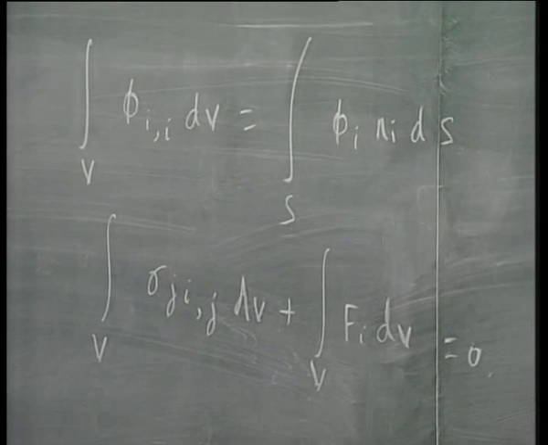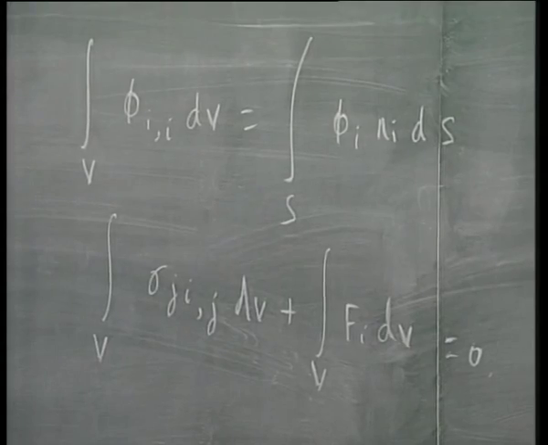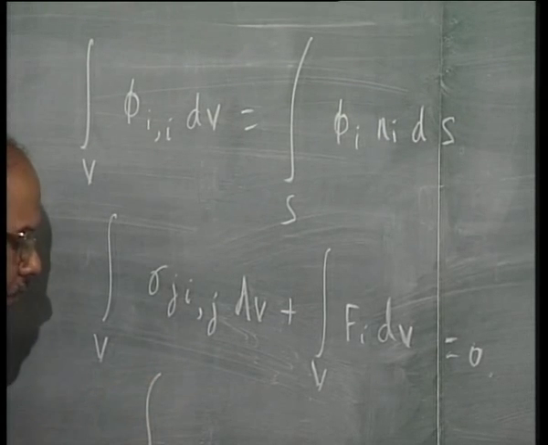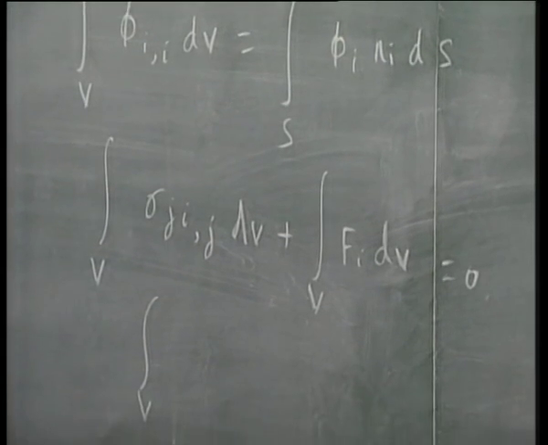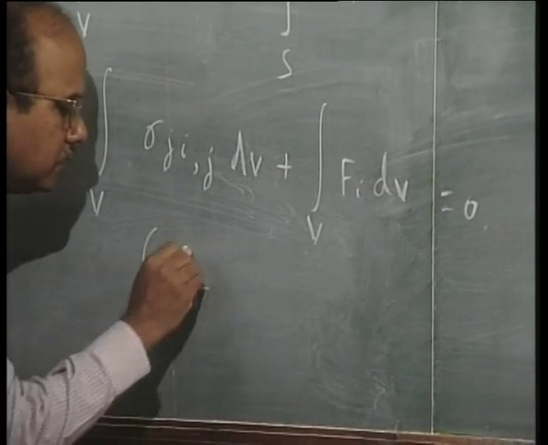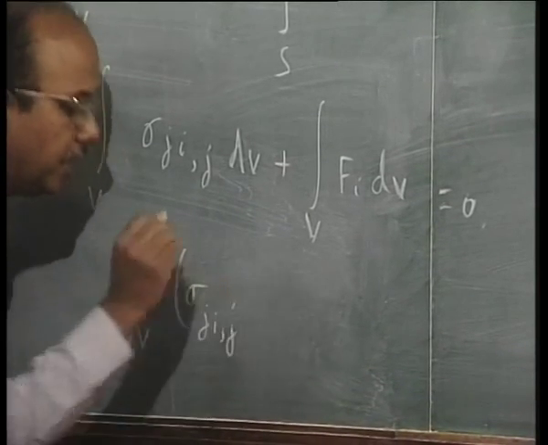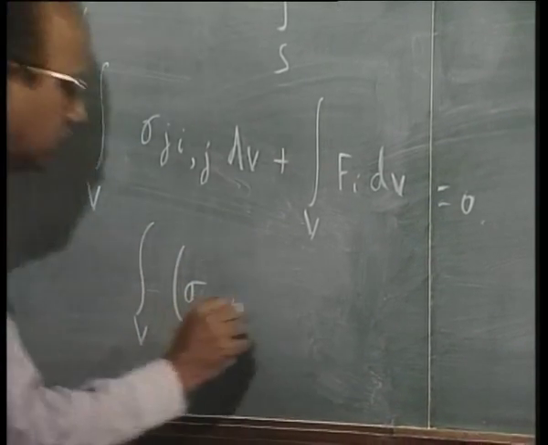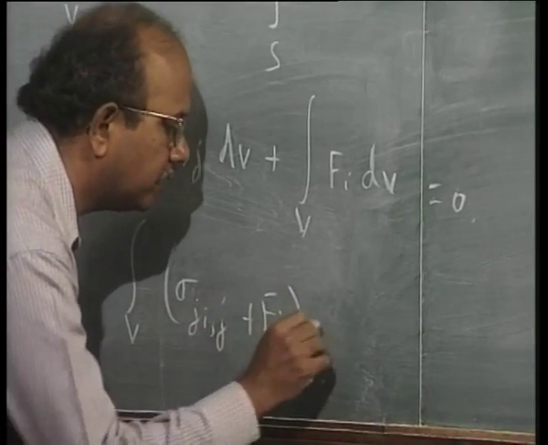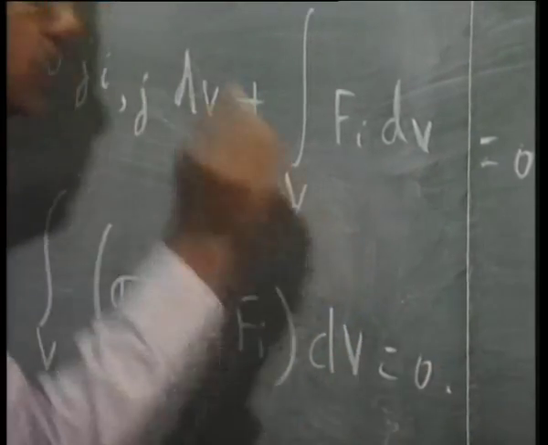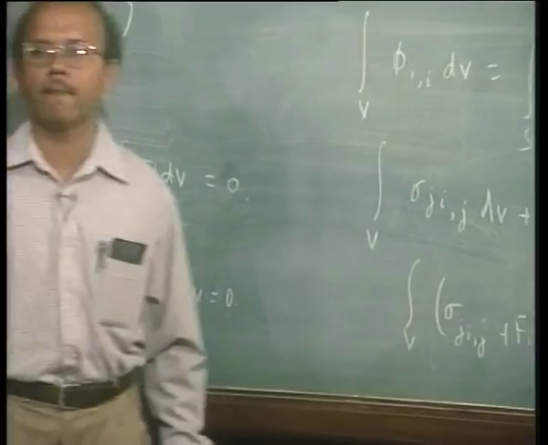Bringing them under one integral symbol, I can write this as the integral of sigma ji comma j plus fi dV is equal to 0.